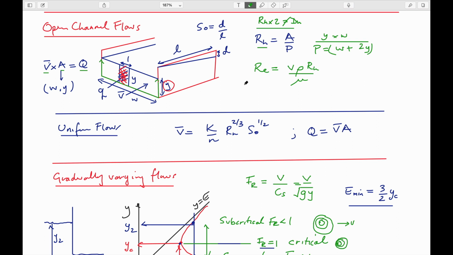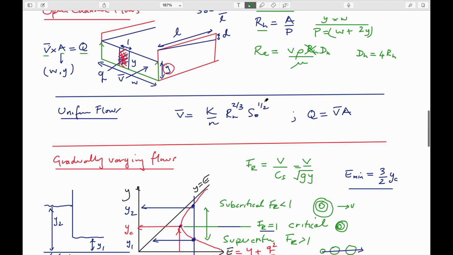The Reynolds number, if you need to calculate it, is defined not in terms of the hydraulic radius, but in terms of the hydraulic diameter. We know that the hydraulic diameter is equal to 4 times the hydraulic radius, just from the equations that we have, so you need to be careful with that.